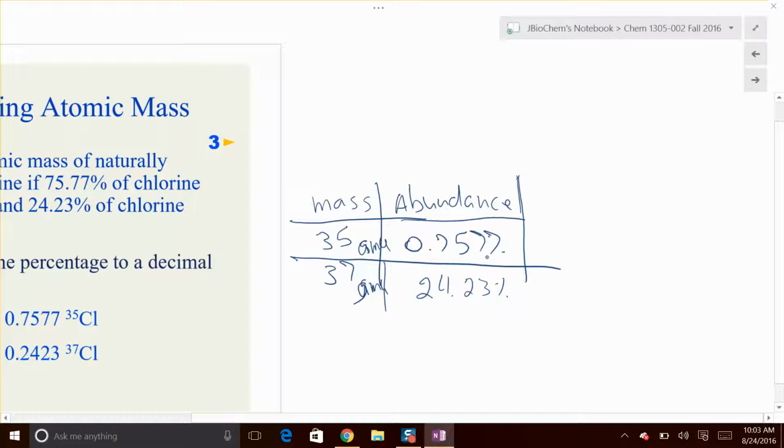So 35 times 0.7577 would be me multiplying 35 by 75%. And here, I'm going to move the decimal to be 0.2423. 37 times 24.23%.